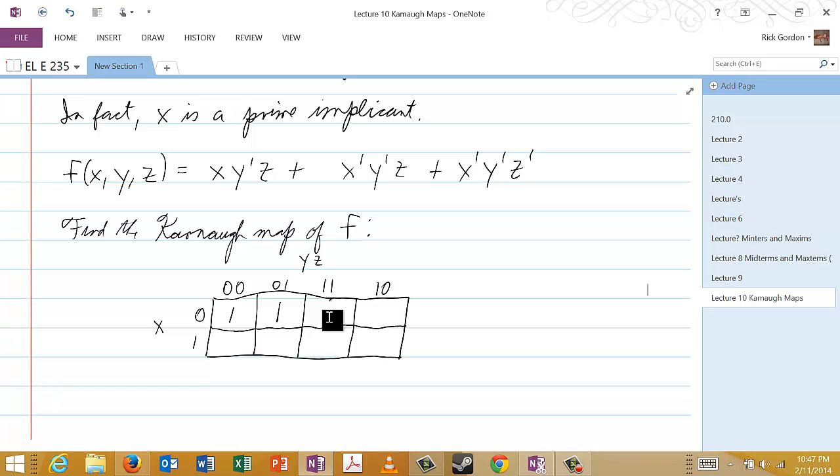Now generally in a Karnaugh map, we don't put down both 1s and 0s. There are some cases when we'll put down 1s, and there are other cases where we'll put down 0s, but we generally don't put down both because they're not necessary. Wherever, like for instance in this case where we're already putting down 1s, if we don't mark down anything, we know that needs to be a 0.